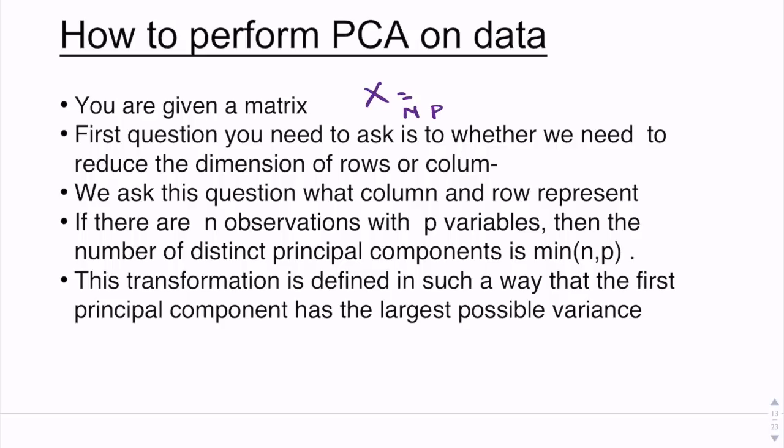The first question we need to ask, and I found that many students have a problem with it, is: what do we need to compress? Do we need to compress the feature space? Do we need to compress the sample space? It should be clear which dimension you want to compress. Usually when we have samples, you want to reduce the feature space dimension. But in some cases you also want to reduce the dimension of the sample space.